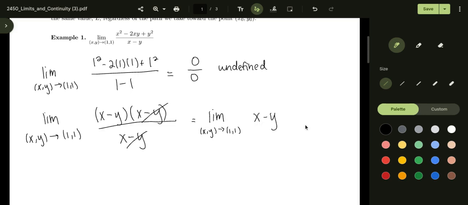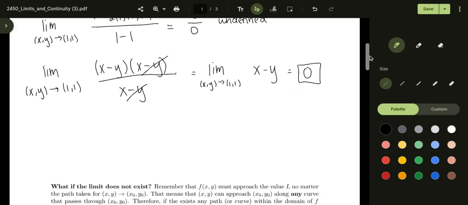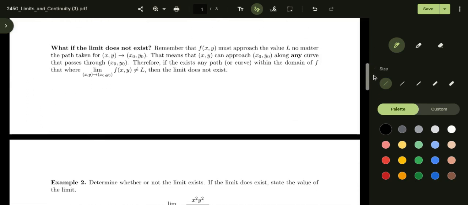And now we can do direct substitution. When we plug in a 1 for x and a 1 for y, we get the value of 0, which is our limit of this function as xy goes to 1, 1. Now, this shows that a limit does exist and how to find it. But what if a limit does not exist, which we've seen happen before in Calc 1 with one variable functions?